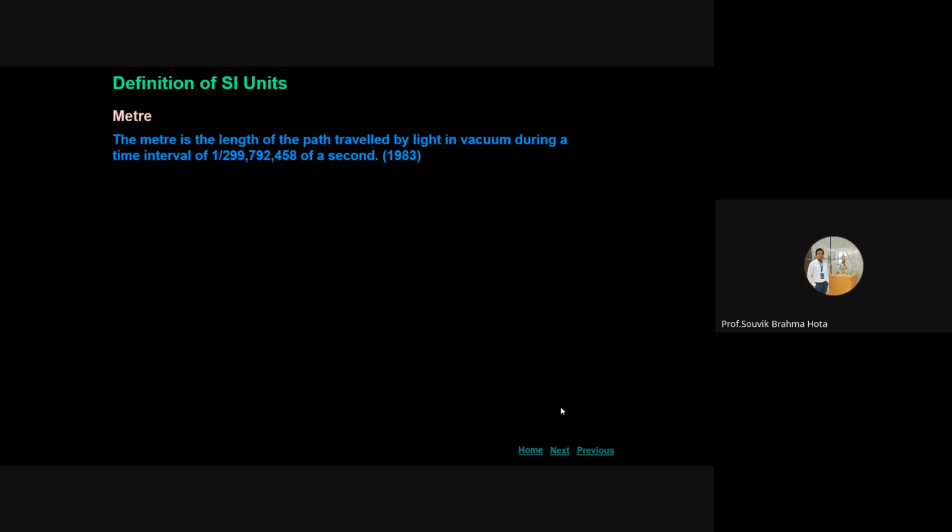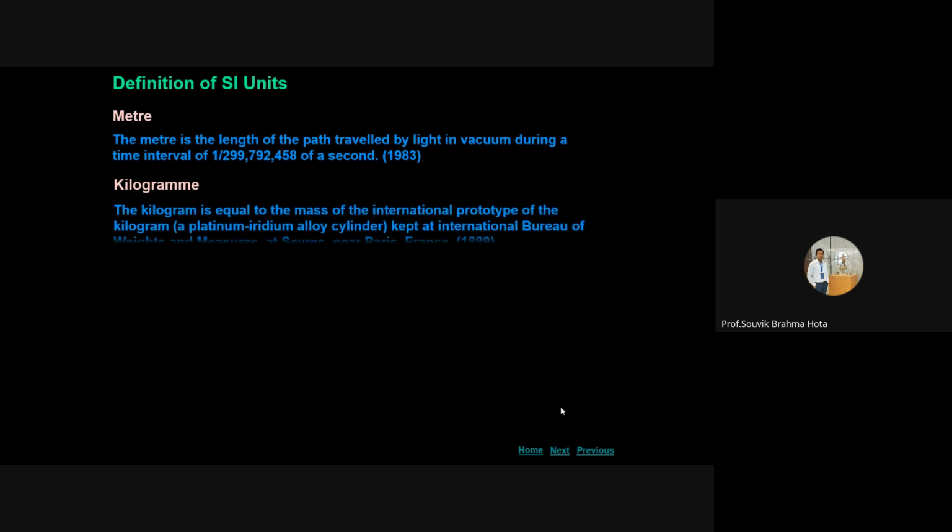This definition was given in 1983. Like they are comparing with a reference: they calculated how much path light travels in vacuum in this time interval, 1 divided by this much, and that is equal to 1 meter.